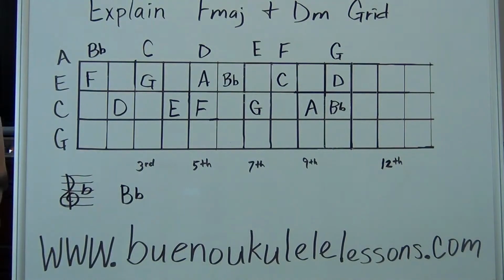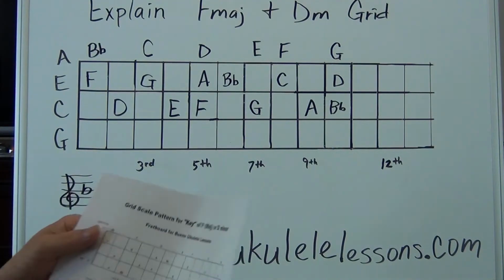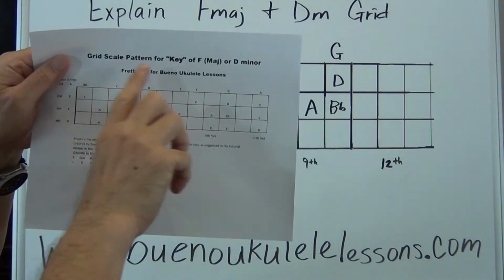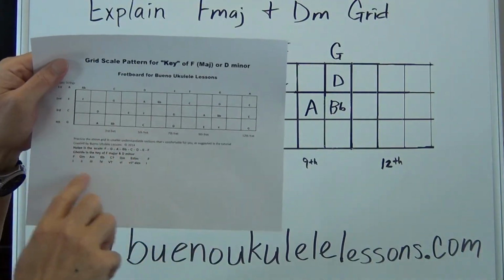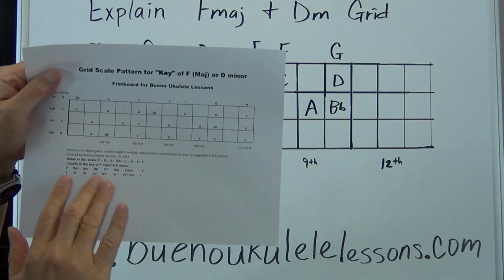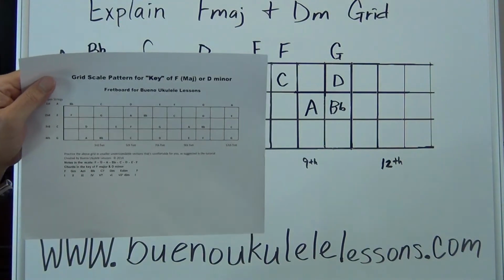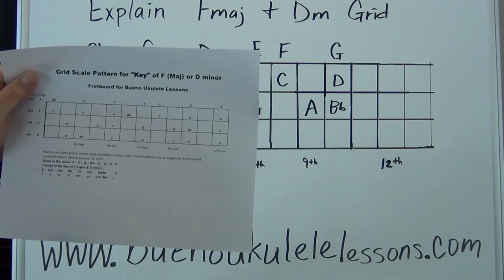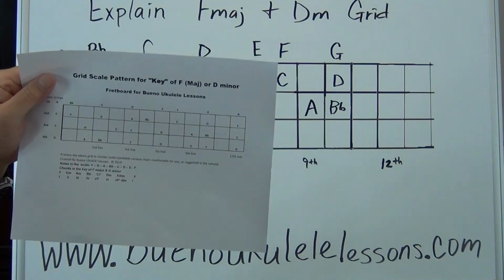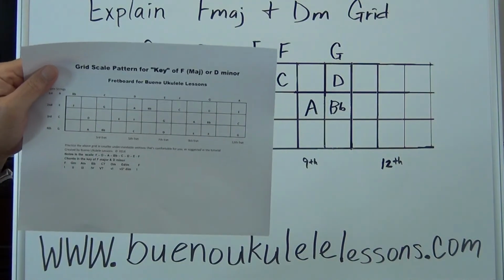So once again, you want to know the notes on your grid. You want to know your family of chords, what chords work with what scale, and we discussed that in a previous tutorial. So this should be review, and you should now be starting to piece it together.